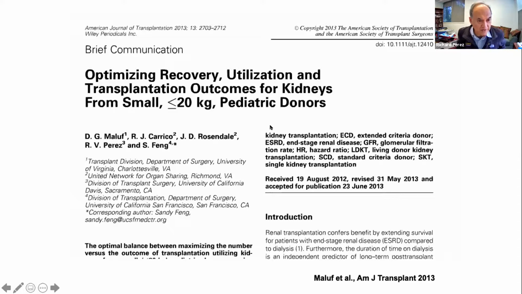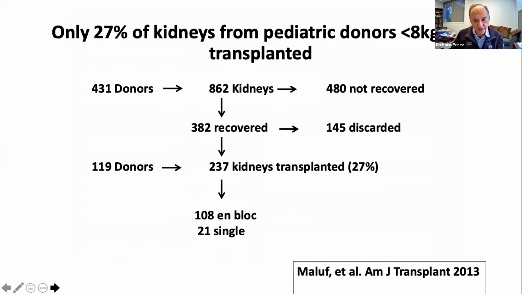Now, this is another national study which shows the somewhat tragic experience of the country. When you look at small pediatric donors, less than 8 kilos, in this study over 10 years, 431 donors, so a total of 862 kidneys, 480 or over half of them were not even recovered.